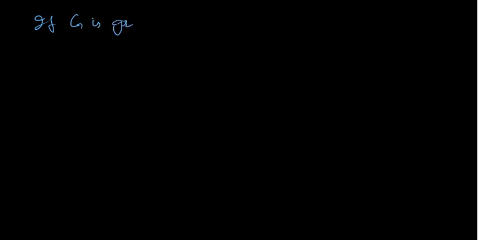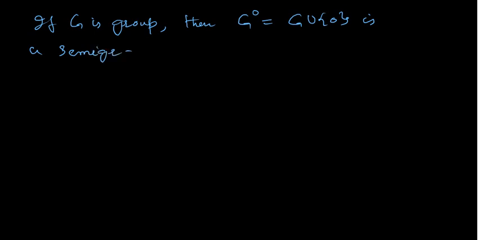If G is a group, then G0, we will adjoin zero to it, G0 which is equal to G union 0, is a semigroup. It is not a group, we know, we have already done this, but it's a semigroup, and we call it a zero group.